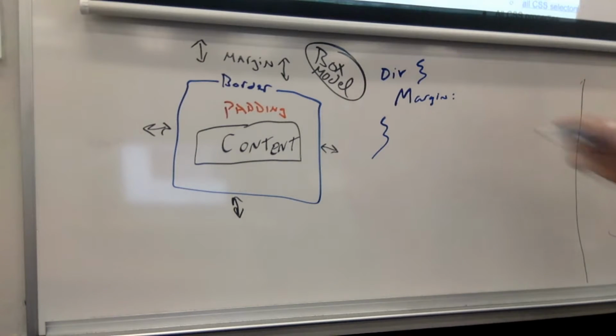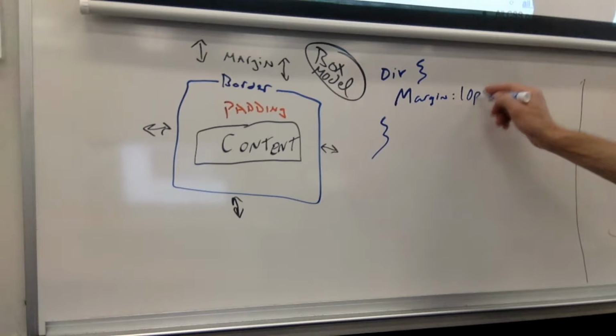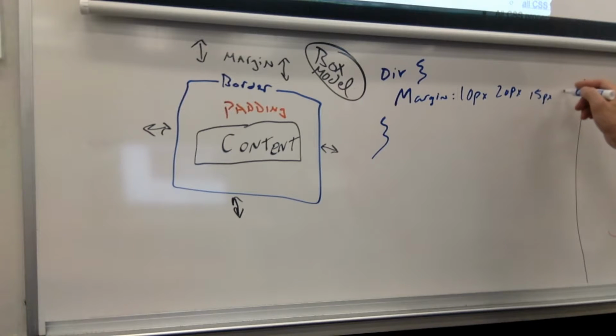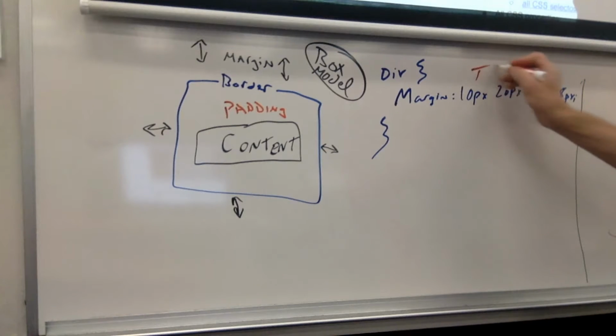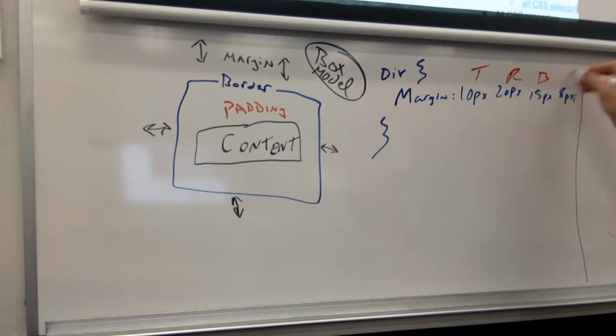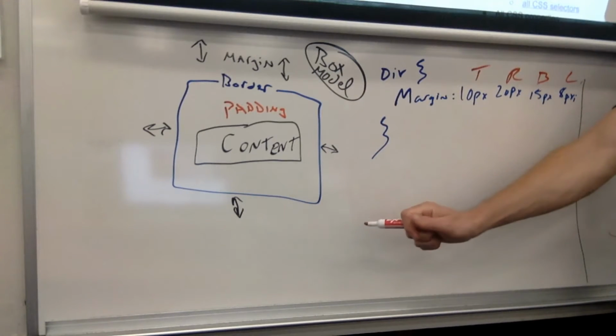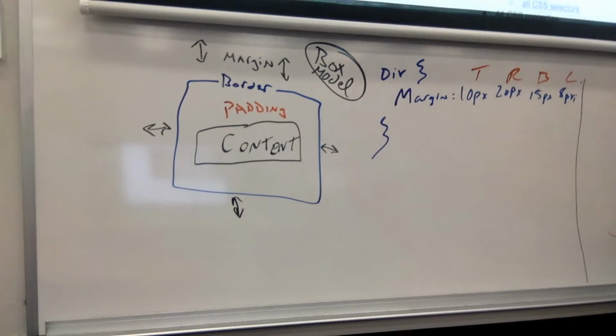So we could set it like that. 10 pixels, 20 pixels, 15 pixels, 8 pixels. And what that would refer to would be the top, right, bottom, left. So the top would be 10 pixels, the right would be 20 pixels, the bottom would be 15 pixels, and the left would be 8 pixels.